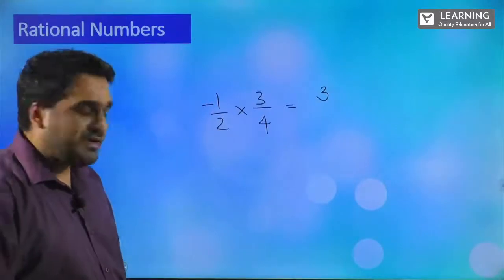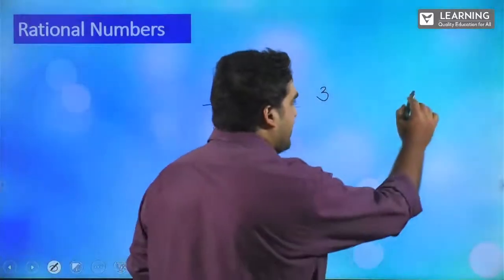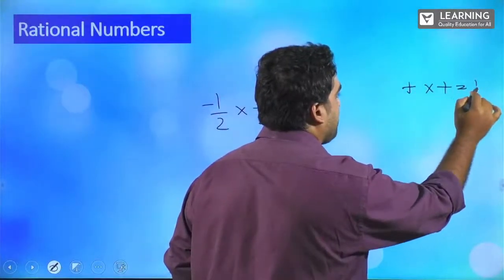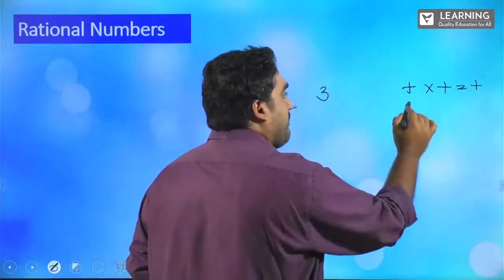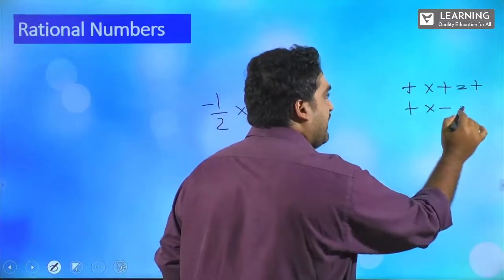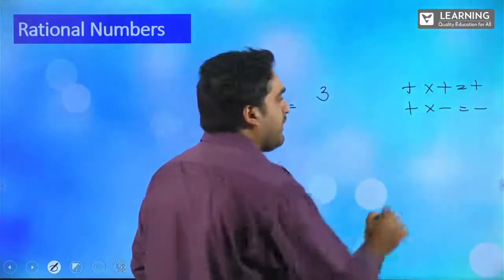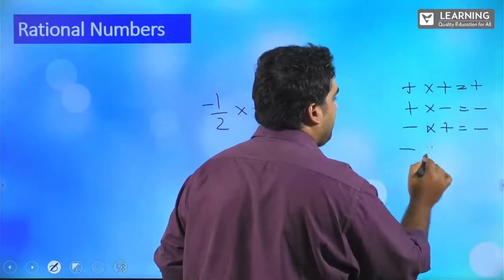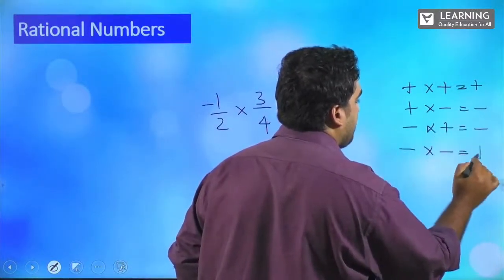Now there are sign multiplications that you learn. Positive times positive equals positive. Positive times negative equals negative. Negative times positive equals negative. Negative times negative equals positive.